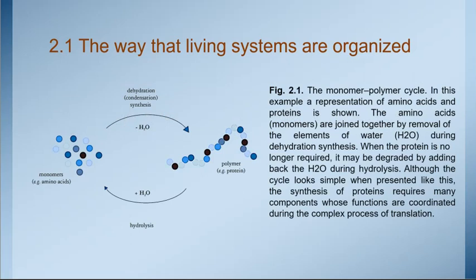The chemistry of living systems is based on the element carbon, which can form four covalent bonds with other atoms. By joining carbon atoms together and incorporating other atoms, molecules can be built up, which in turn can be joined together to produce macromolecules.